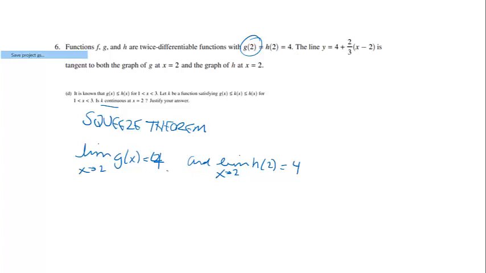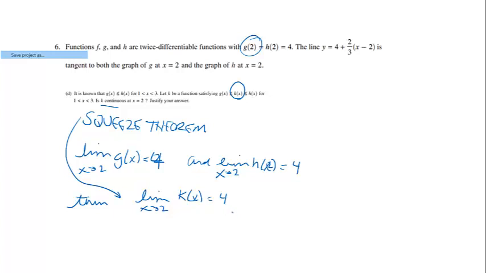So since we know those two are both 4 and k is in between there, by the squeeze theorem, the limit as x approaches 2 of k of x is also going to equal 4.